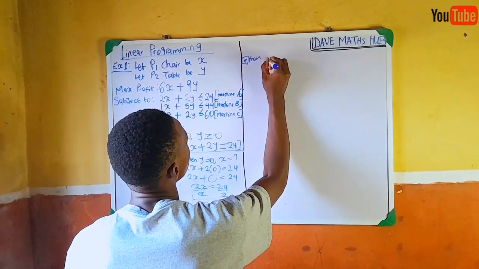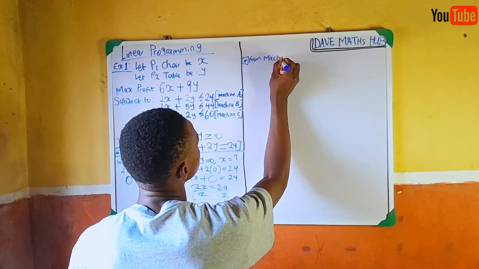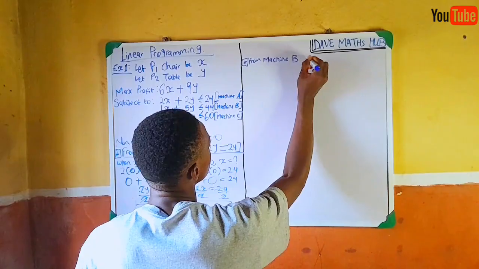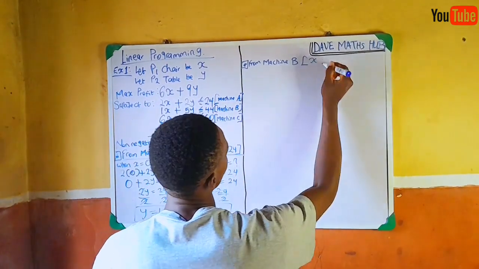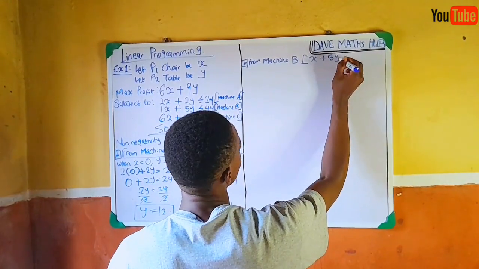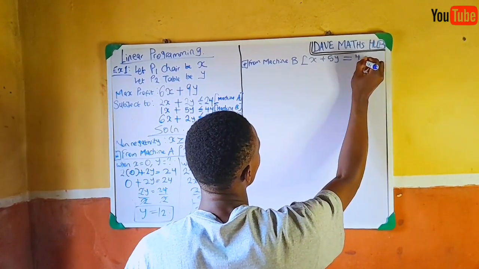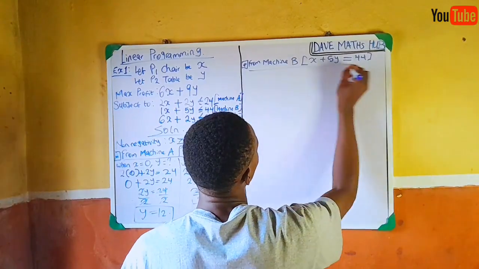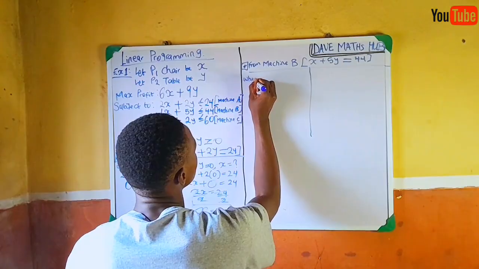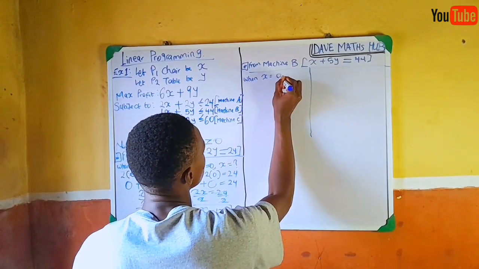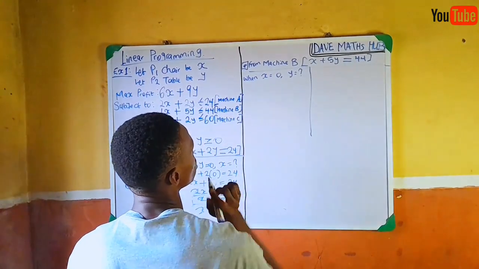From machine B, which states 1x, which is also known as x, plus 5y equals 44. When x is equal to 0, y is equal to what?